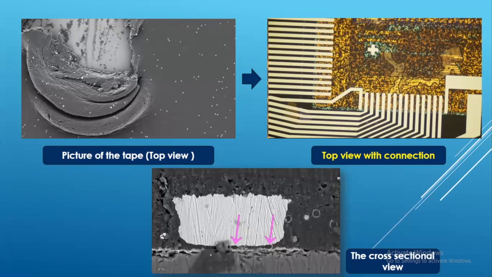Then you put our ribbon over that. You give a little bit of thermal pressing, and the top and bottom contacts will crush the conducting nanospheres, and they will start giving contact between the two terminals. So this is how we connect our LCD panels to the circuit board.